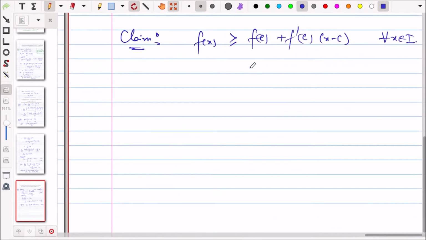So what we will do is apply Taylor's theorem for this at c. Because it is x minus c, and since it is the first derivative, we will take n equal to 1, with x naught equal to c.